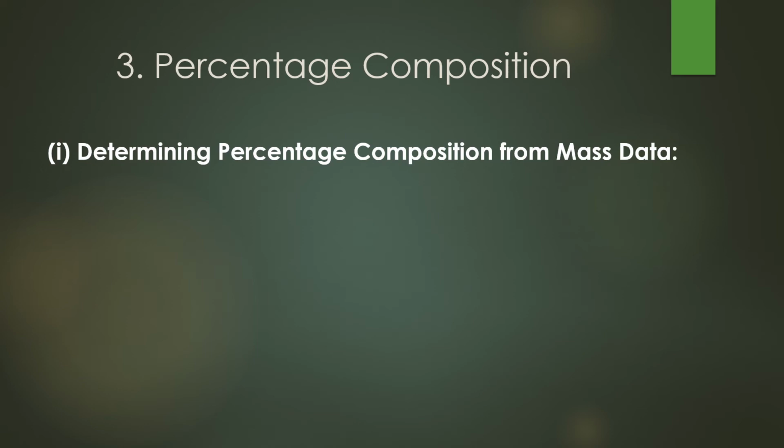So basically, it is just determining the mass percent of every single element in a compound, not just one. And then summing them all up together, they should equal the total of 100%. So when we use mass data, we're taking experimentally determined masses, and we're just using that data to figure out the percentage composition.